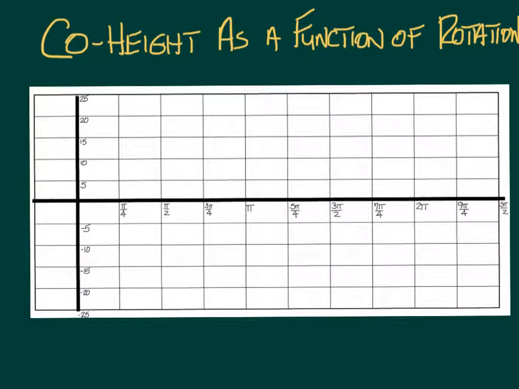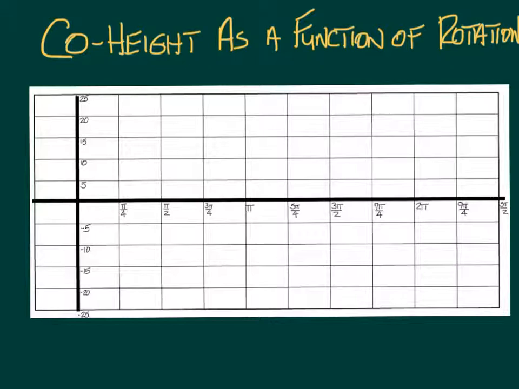So co-height as a function of rotation. If we started with the first car, which is in the 3 o'clock position, then we assume that to be 0 in terms of where we're starting at. But this is co-height. What is the co-height of car 1 if it's at the 3 o'clock position?